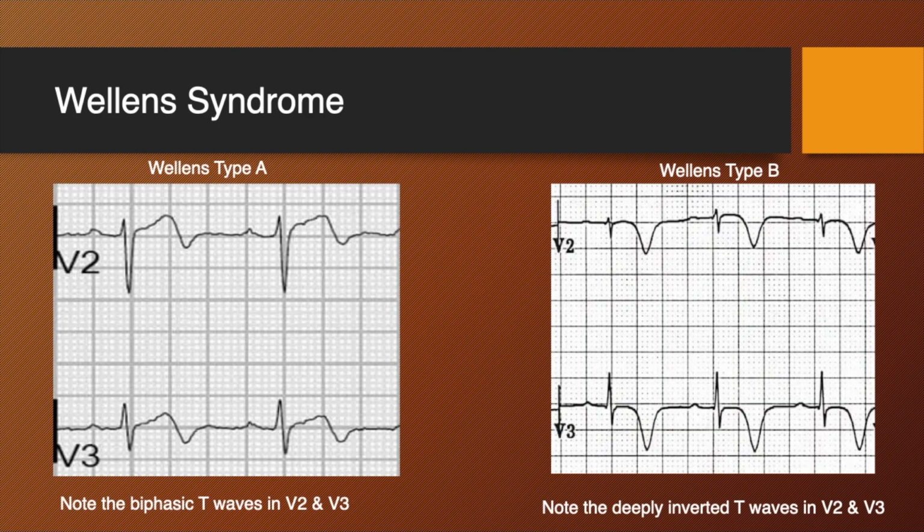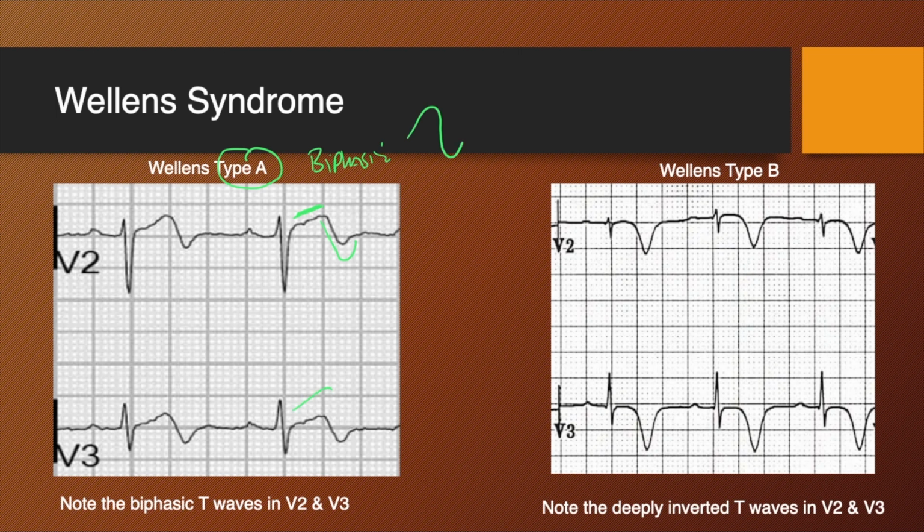So here are the two major types of Wellen syndrome. This is Wellen's type A. This is where you have the biphasic T waves. So part of the T wave is above the baseline here, right? And then it dips down below the baseline. So it kind of looks like this, right? A biphasic T wave.